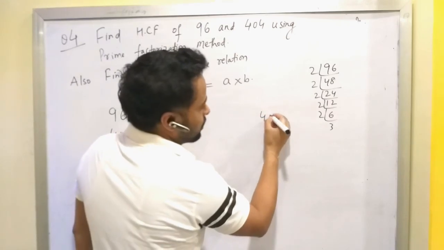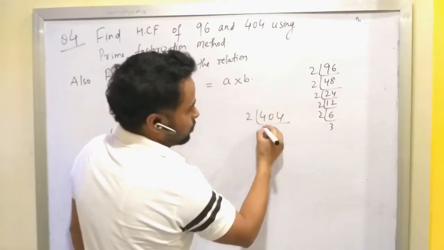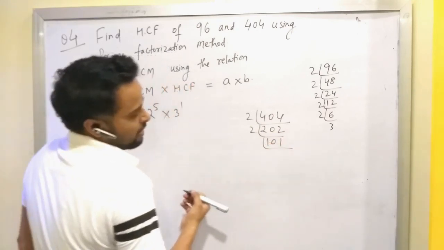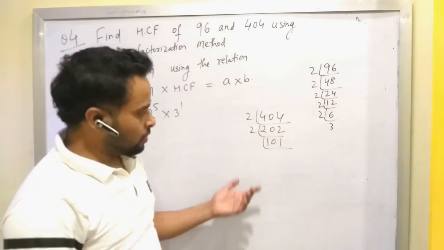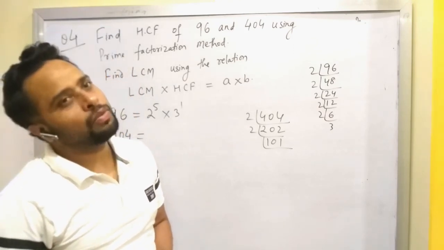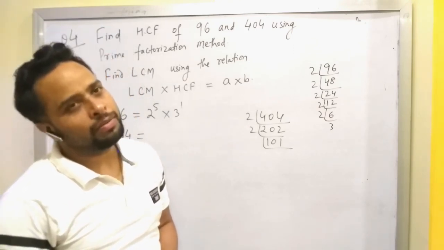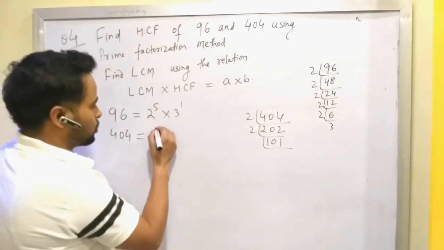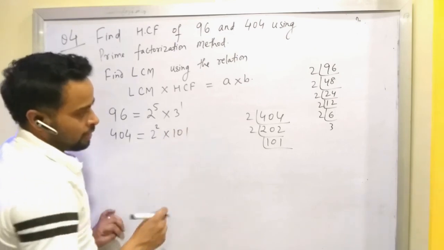So 404. Let us write 404 to 202 to 101, and for 101, I doubt we have any factors. So it is 2 square into 101, I guess.